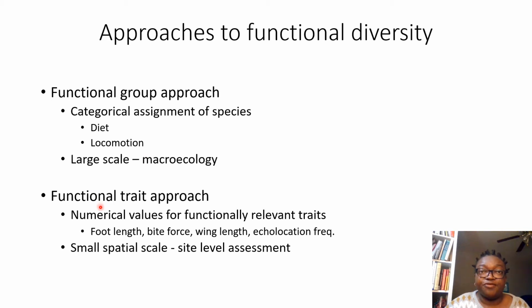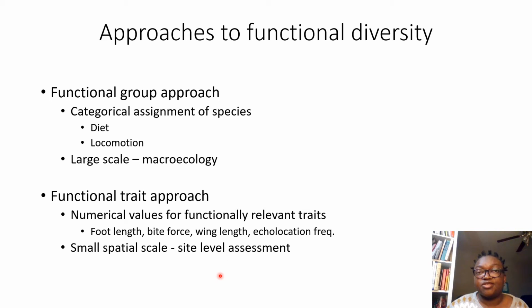But there's also the functional trait approach, where you're deriving numerical values for functionally relevant traits, such as traits that may be related to locomotion, like foot length or wing length.